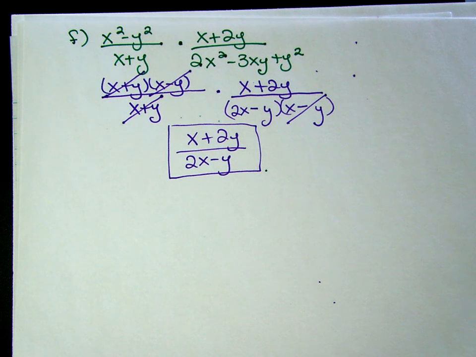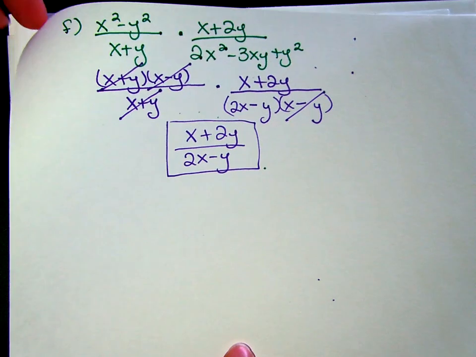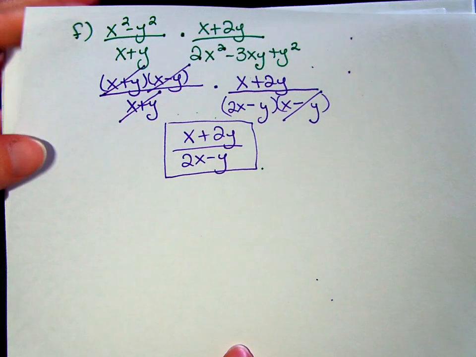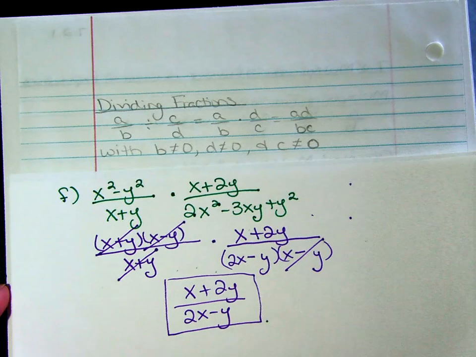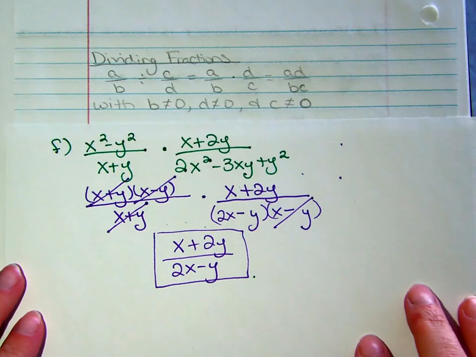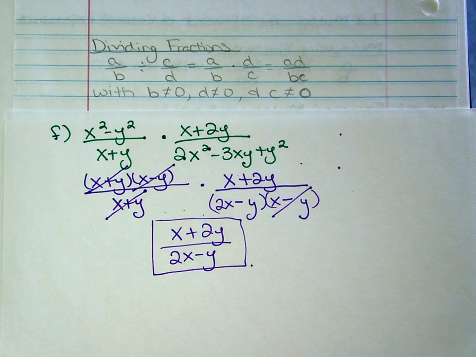Okay. There's not a lot of notes for division, just like there wasn't a lot of notes for multiplication. When you are dividing fractions or rational expressions, you'll have a rational expression divided by another one. What you do is you keep the first fraction exactly the same.